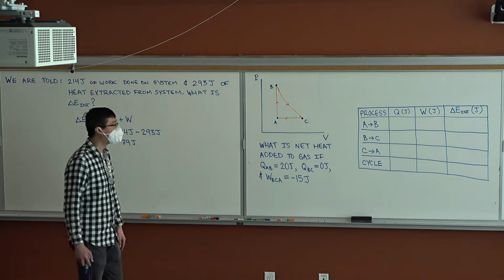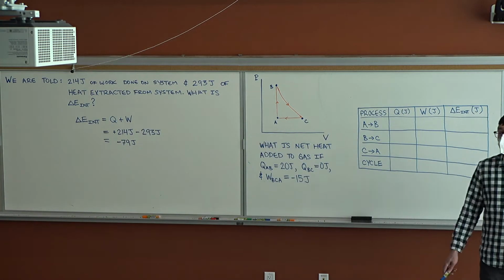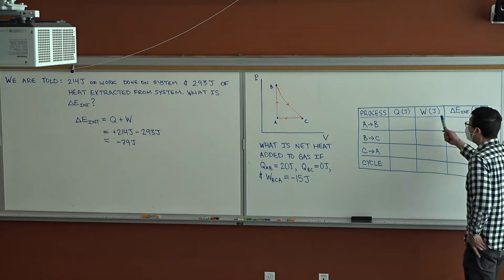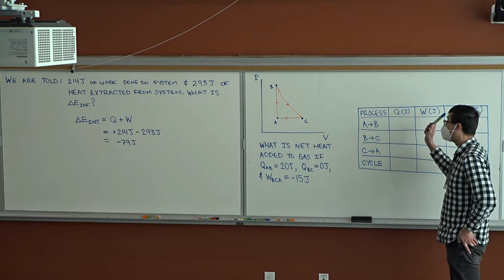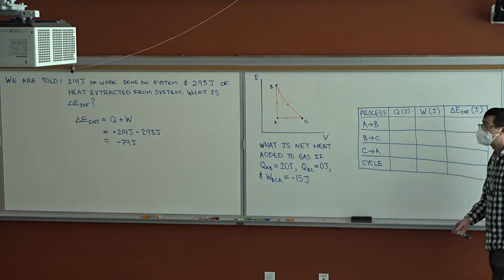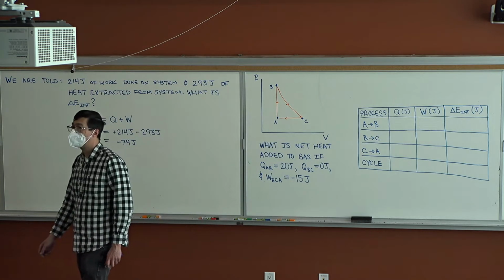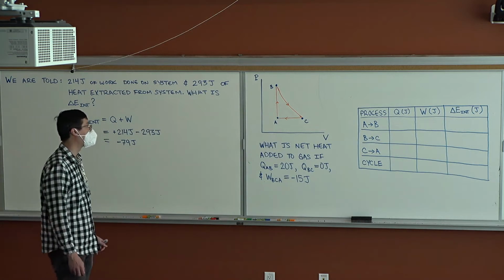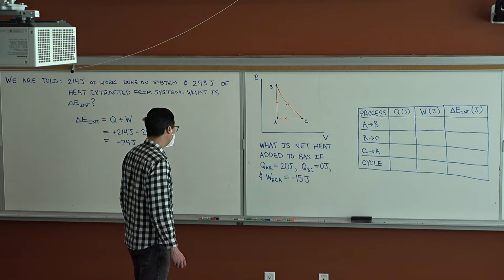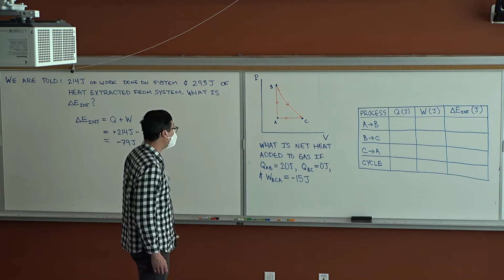So the suggestion that I would offer for attempting all of these problems is to somewhat mechanize the approach by creating a chart for yourself. And we'll employ this a couple times. So let's plug in what we know.